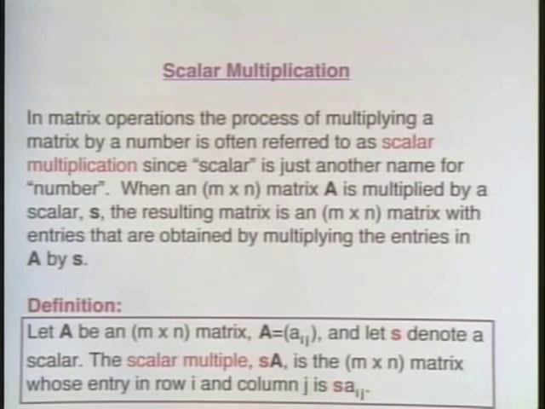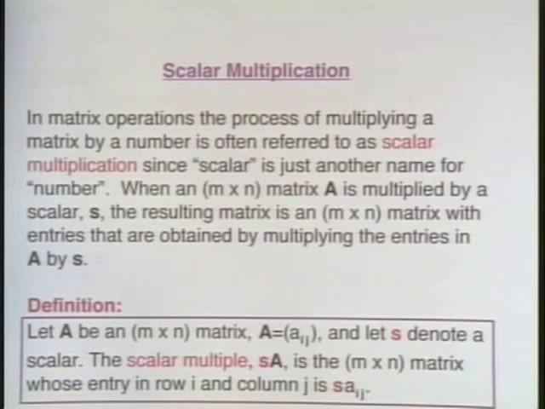In matrix operations, the process of multiplying a matrix by a number is often referred to as scalar multiplication, since scalar is just another name for number. When an m by n matrix A is multiplied by a scalar s, the resulting matrix is an m by n matrix with entries that are obtained by multiplying the entries in A by s.